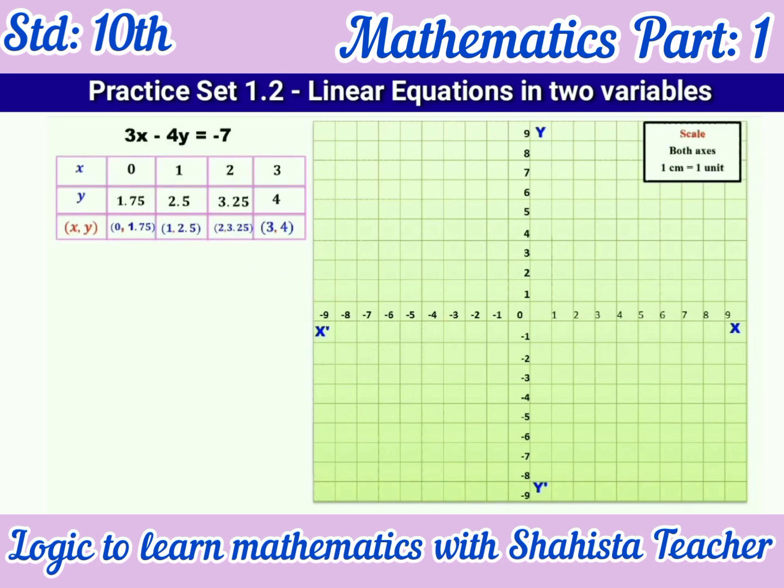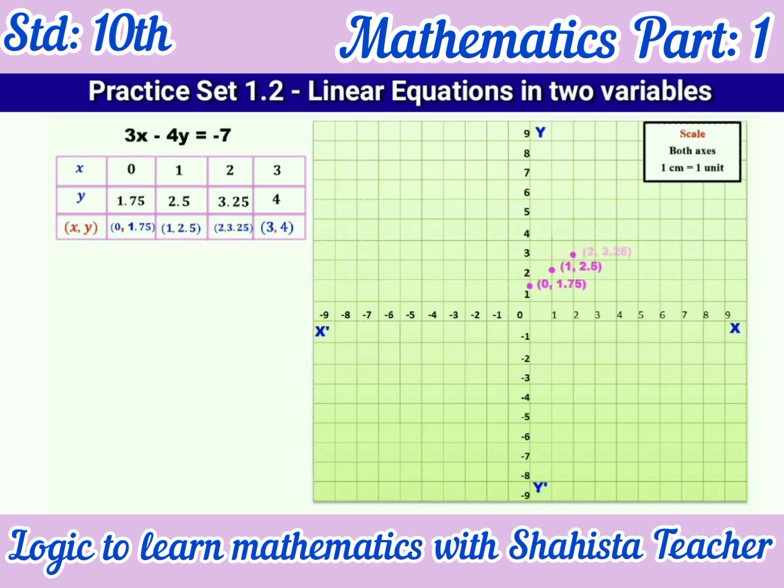So x is 0 and y is 1.75. On the x-axis 0 and on the y-axis 1.75, in between 1 and 2 we will mark 1.75. So 0 comma 1.75. After this 1 comma 2.5, on x-axis 1 and y-axis 2.5. See the second point.